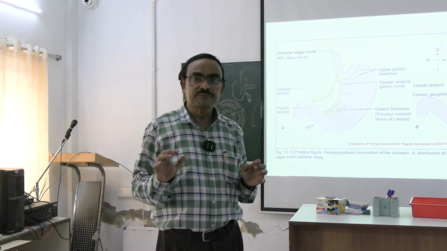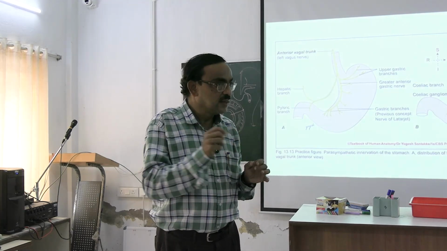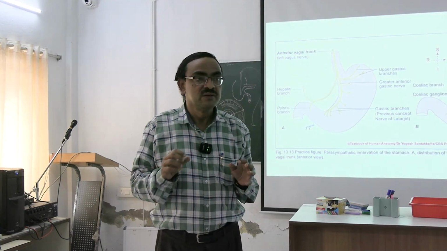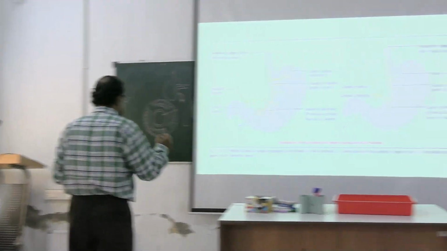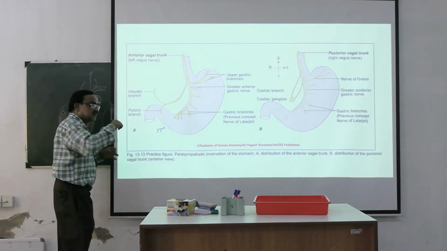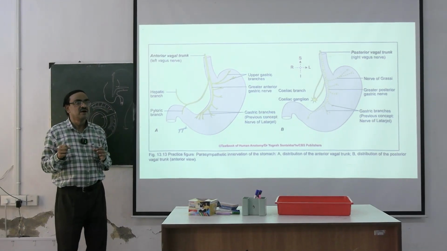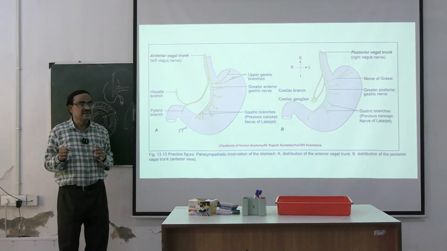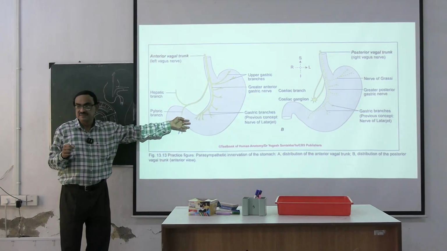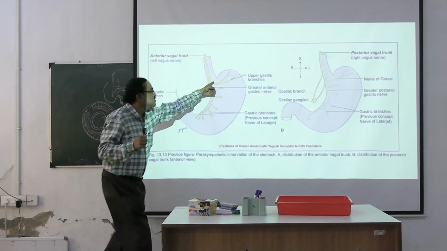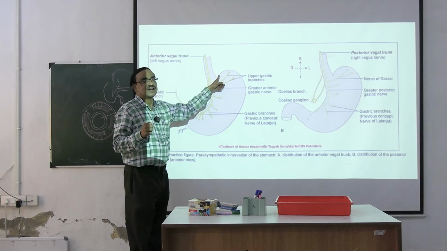They are innervating the circular muscle. In the pyloric region, the circular muscles are condensed to form a sphincter-like area, that is the pyloric sphincter, and this end is hard, and there is no anatomical sphincter at the cardiac end.